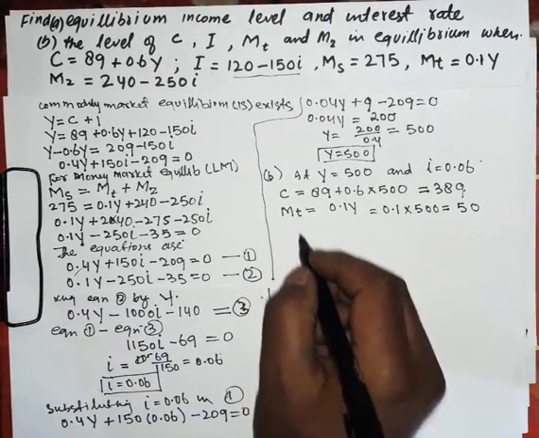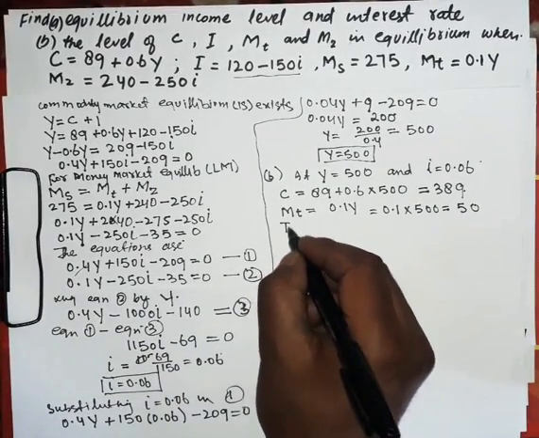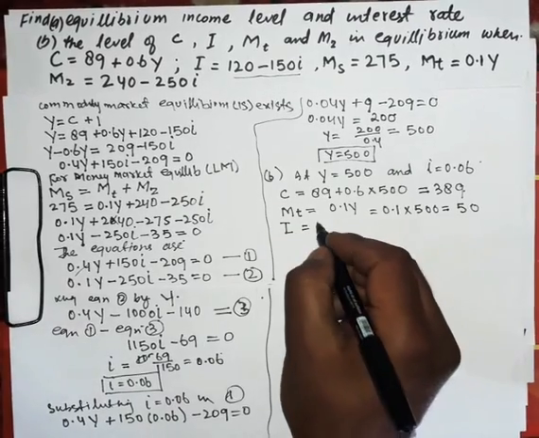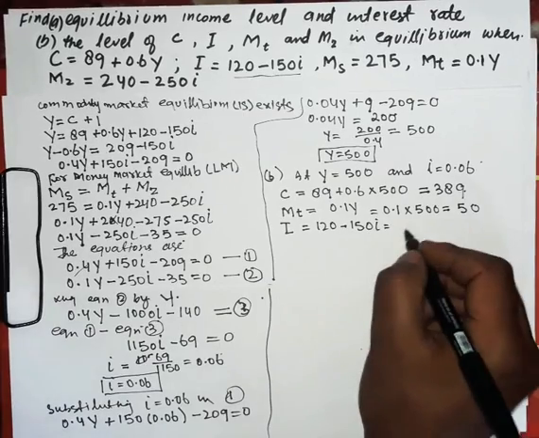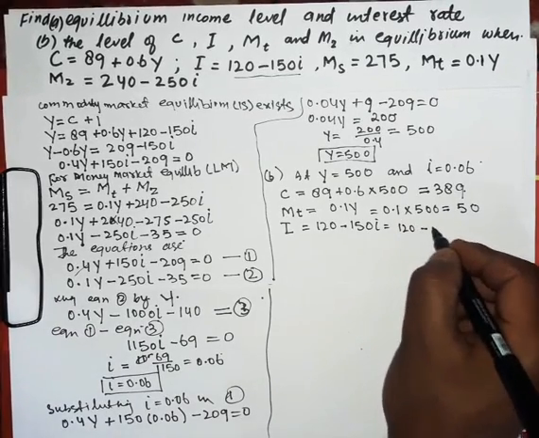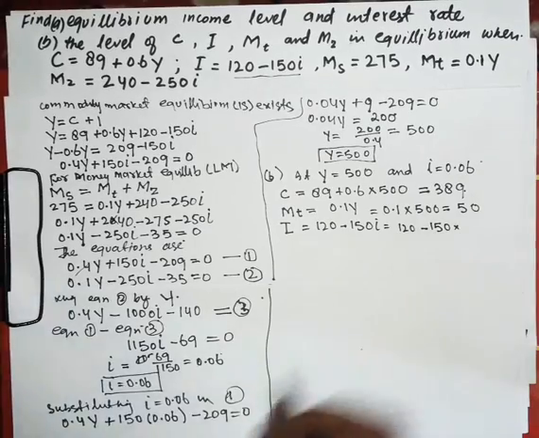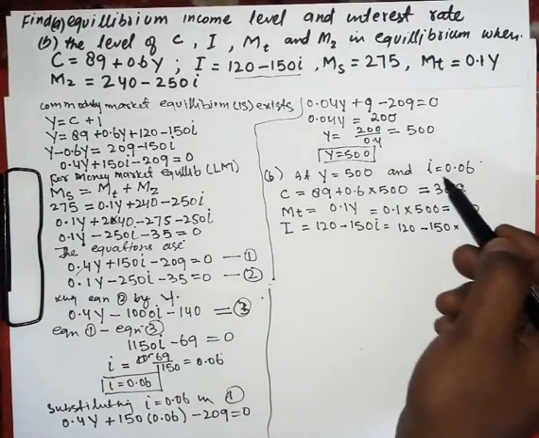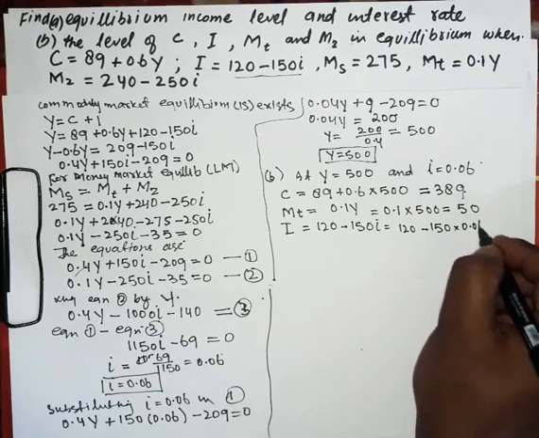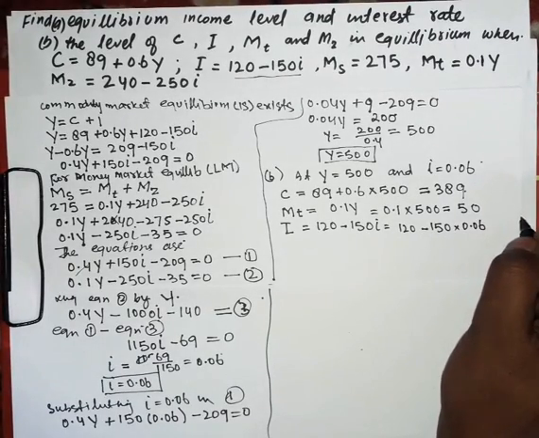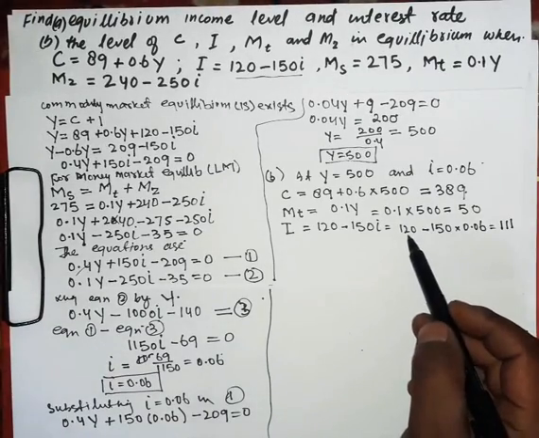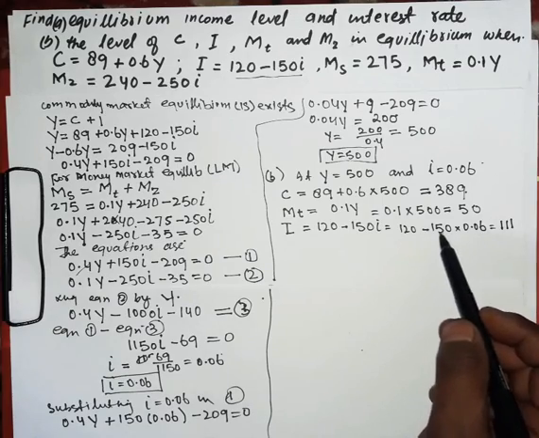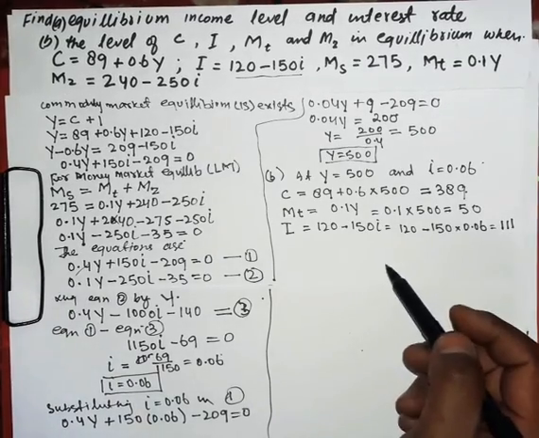Also the investment function, which is given as 120 minus 150 I. Now this is 120 minus 150 times the value of I, that is 0.06. When solving, this will become 111.